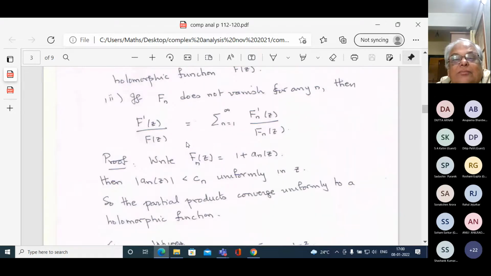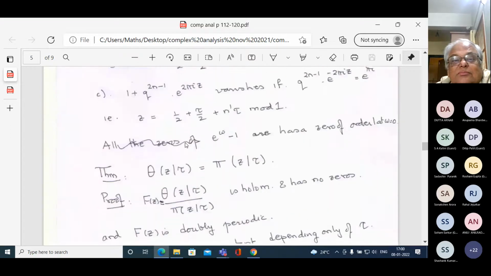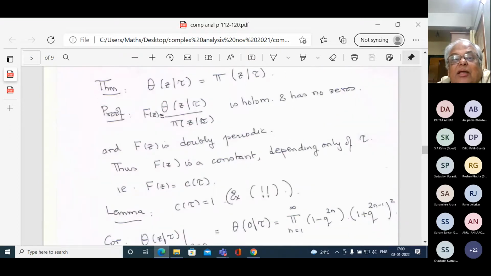Okay, where are we? Theta divided by pi is periodic, it has two periods, one in tau, and it's entire. Therefore, it must be a constant. The constant is going to depend on tau, and therefore we'll have that theta of z is some constant depending on tau into pi of z.